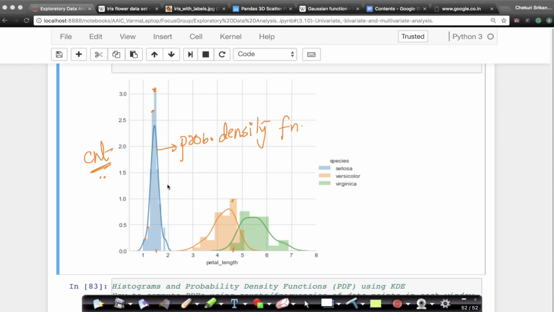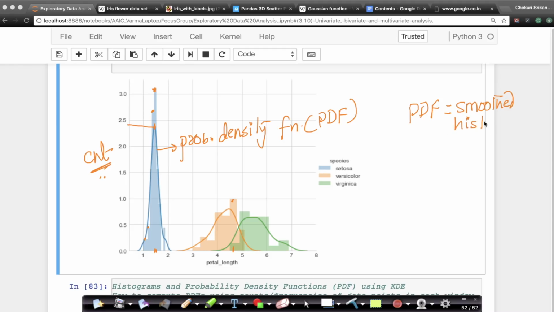So your blue line also indicates, for example, if I take this value, roughly what is the number of points that I will encounter here. Then you might say this value and this value differ. So the dark blue line that you see, which is called the PDF, is a smoothed form of your histogram. We will understand PDFs in more detail when we learn statistics and probability. But for now, just remember that a PDF is basically a smoothed histogram.